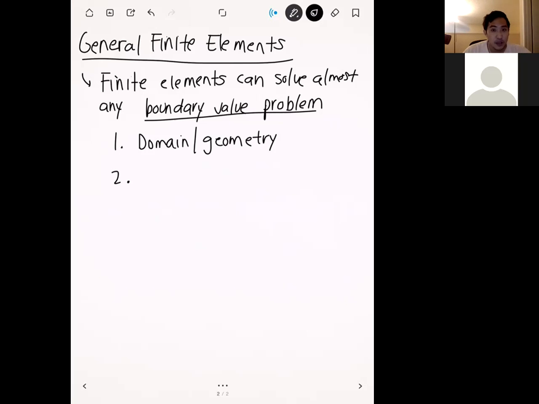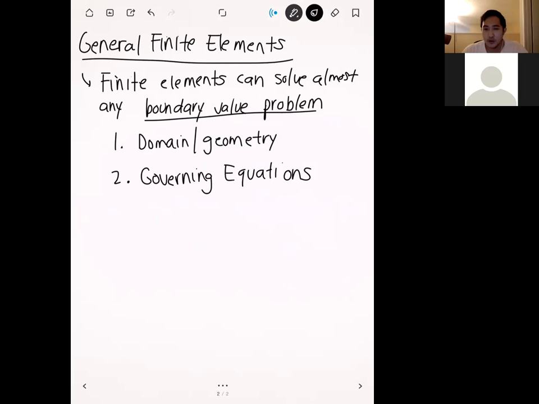All right, so the next thing that you need is your governing equations. And these define the physics of your situation, right? For all the problems that we'll consider with finite elements, your governing equations are going to be differential equations.